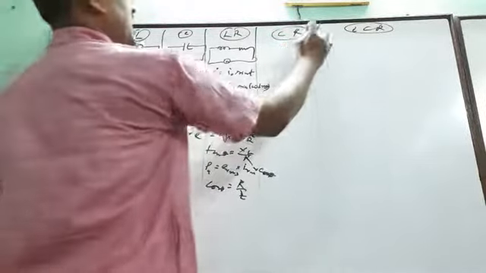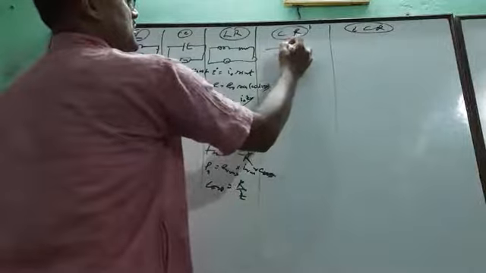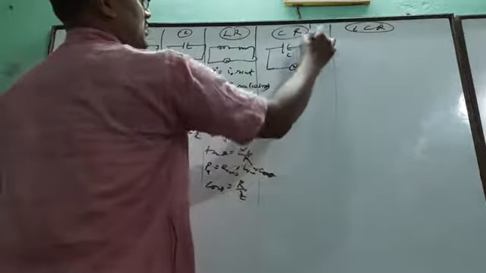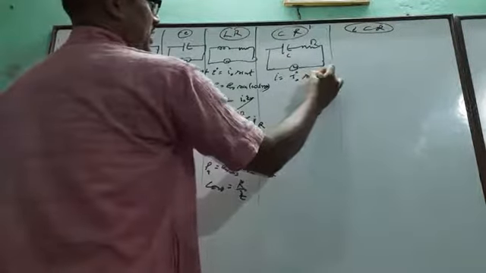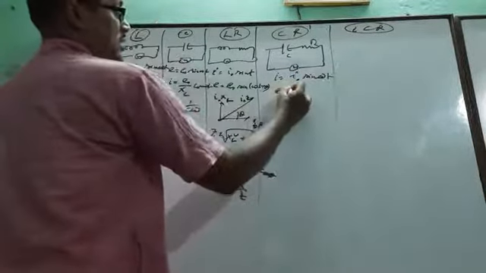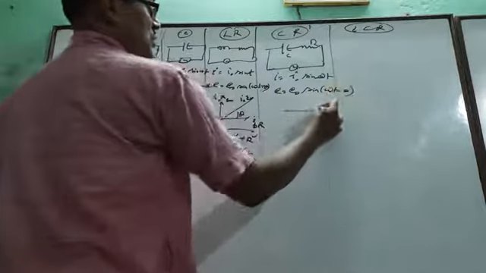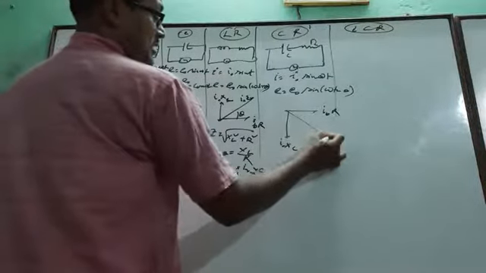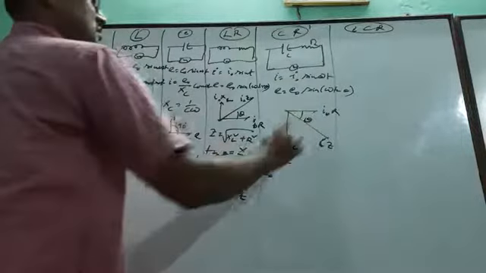Now coming to CR. In CR, this is C and R. Okay. I equal to I0 sin omega t, and here E equal to E0 sin of omega t minus theta. So here I0R, I0XC, this is I0 Z, and this angle is the phase difference.